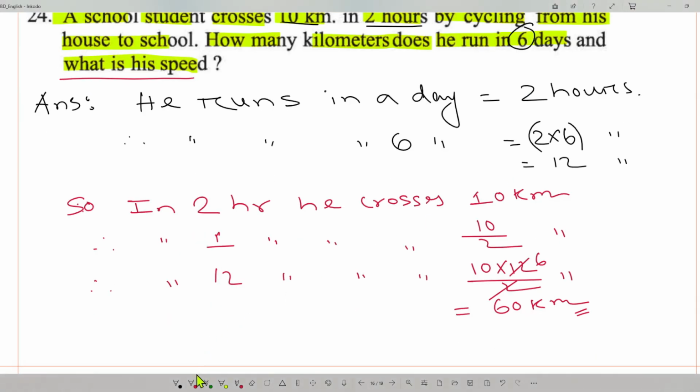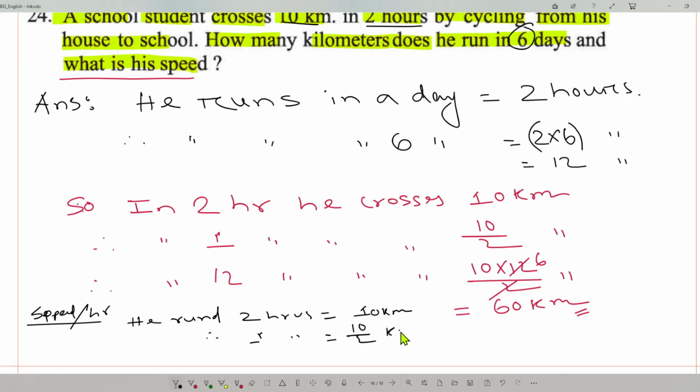Now we have to find out the speed per hour. How? It's a very simple thing. He runs 2 hours and completes 10 kilometers. So in 1 hour he completes 10 by 2 kilometers.